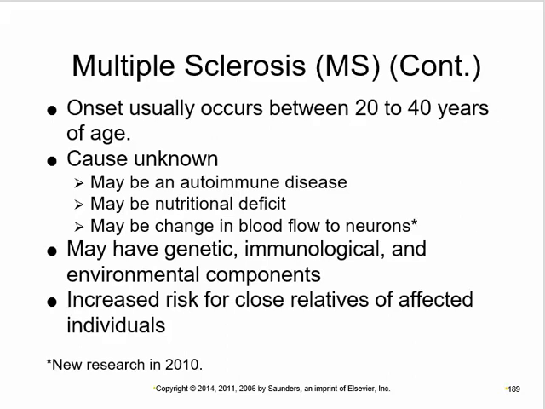There's some thought that it could be something to do with blood flow and losing nutrients going to the oligodendrocytes. This is fairly new research, it's 10 years or so.